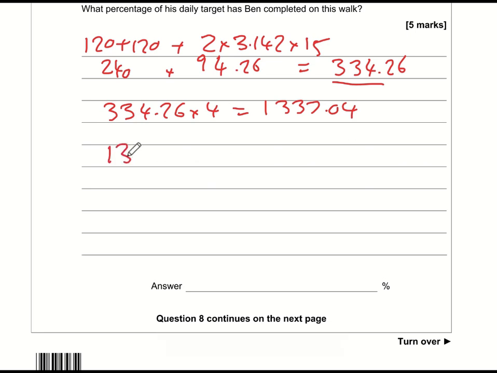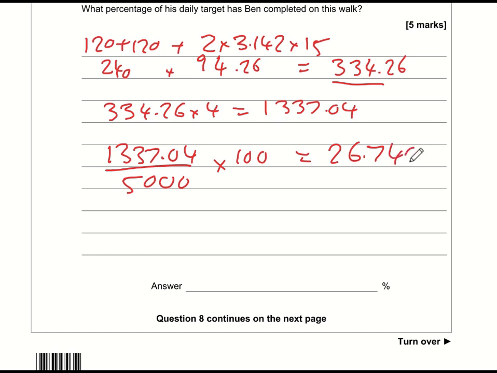So the calculation is 1337.04 divided by 5,000 multiplied by 100, and that comes to 26.7408. So we'll just call that 26.74%. Again, it doesn't state how many decimal places. There's a range of answers that are acceptable. So 26.7 I think would be fine as well.